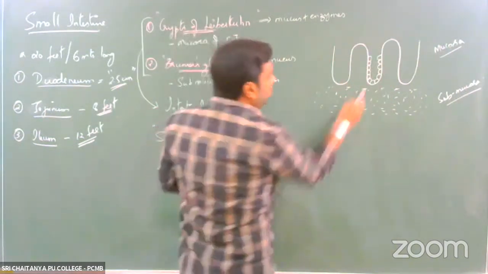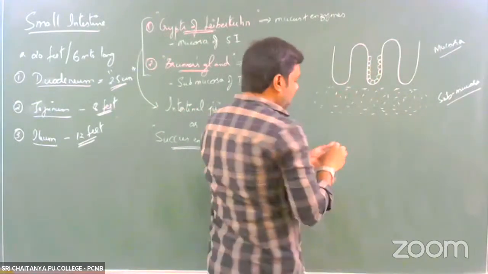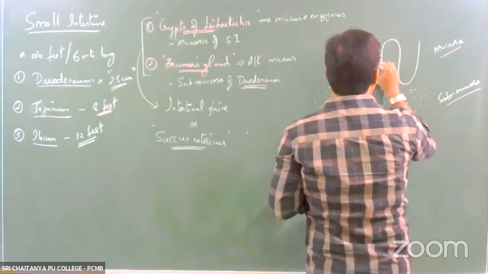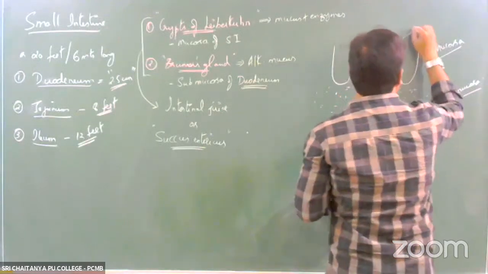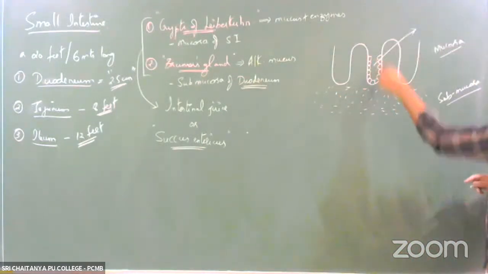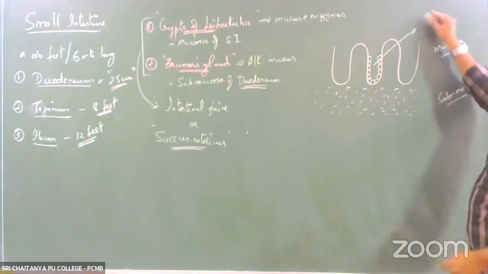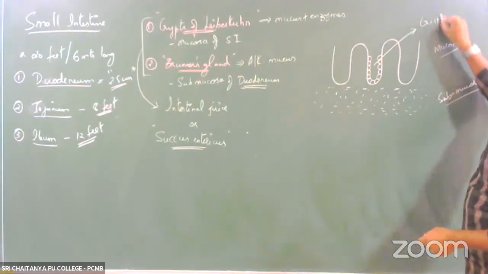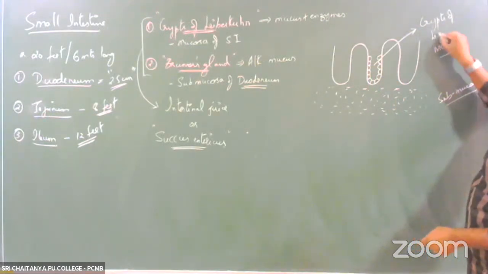Now you see the space present in between the cells. This space would be our crypts of Lieberkühn. The empty space that you see in between the cells here would be called the crypts of Lieberkühn.